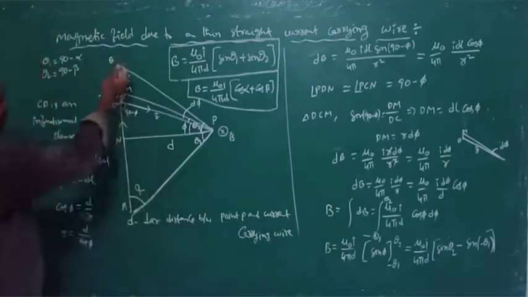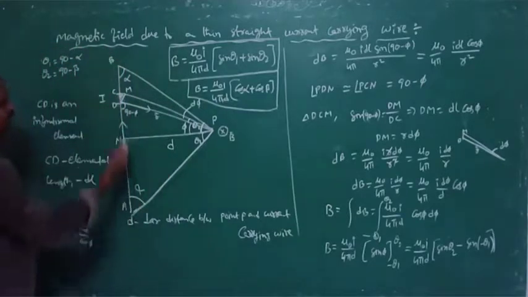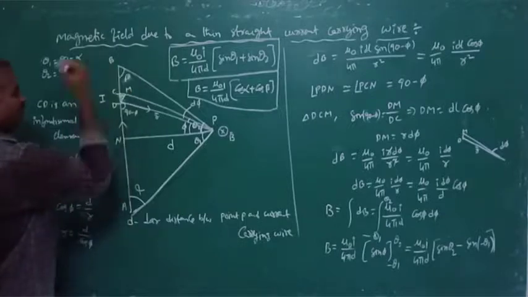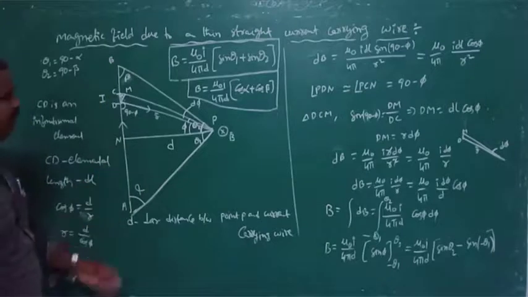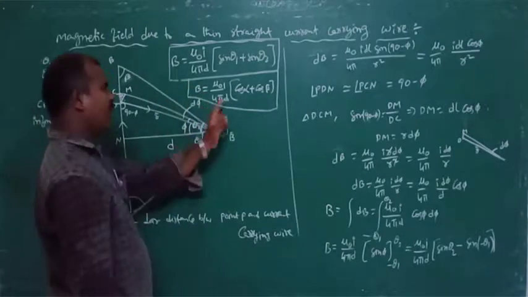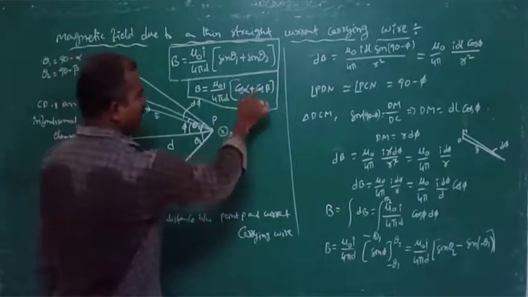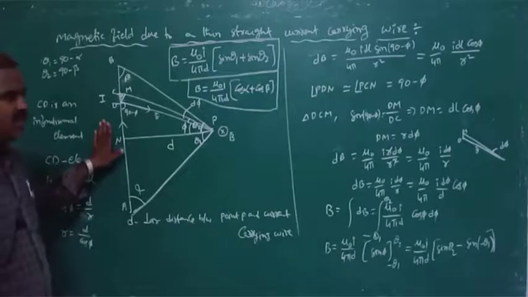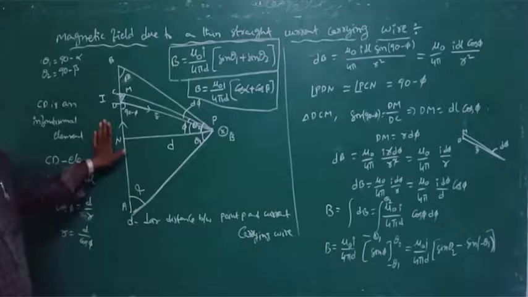Suppose the angles made with the wire are alpha and beta. Then B is mu naught I by 4 pi d into cos alpha plus cos beta. Here some approximations are required for this magnetic field.